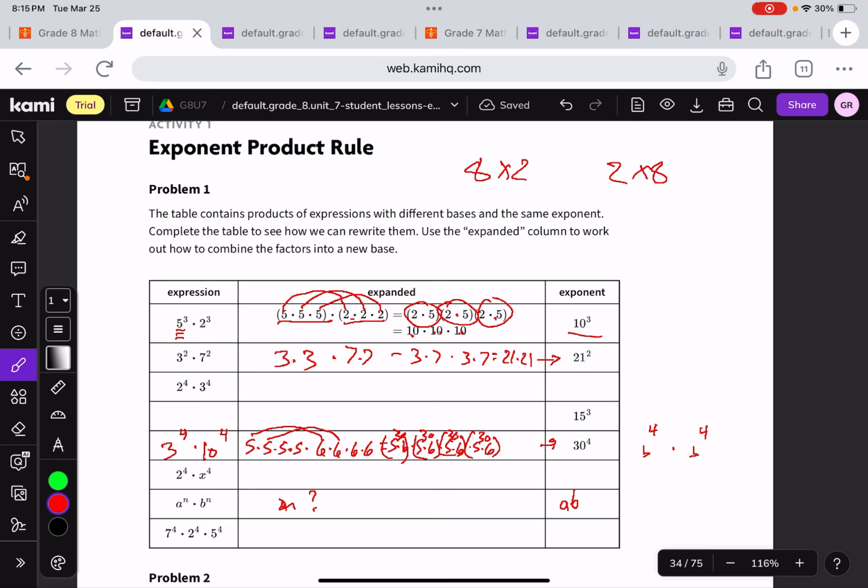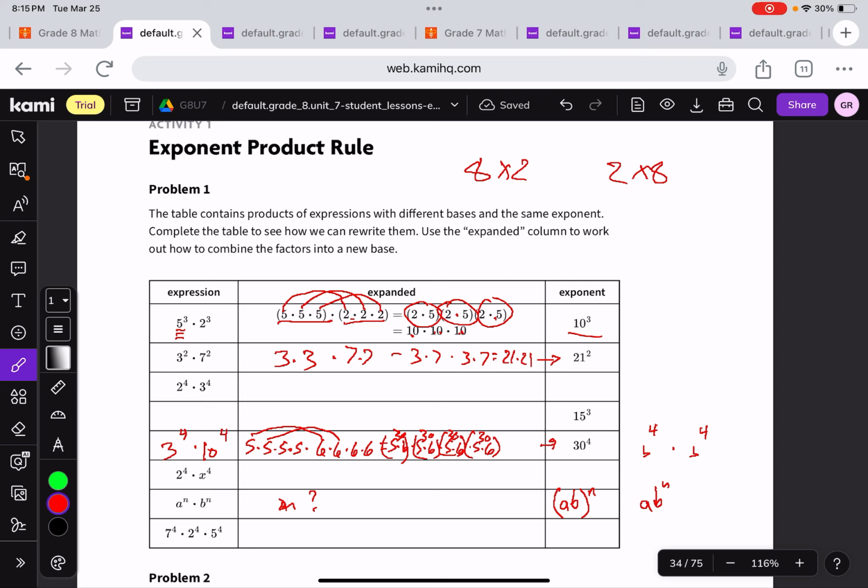Now here's where you have to be very careful. I have to put this in parentheses, and now I can put it to the nth power. Otherwise, if I wrote AB to the nth, that's just saying I want B to the nth power, not A to the nth power.